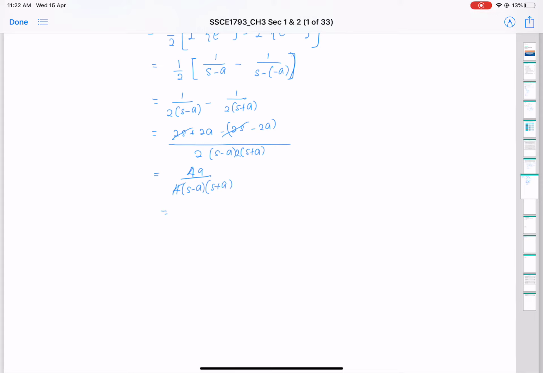This is equal to a over s squared minus a squared. So you can compare with the table. So the Laplace transform of sine at is equal to this. Okay, so it depends on the question. This question asks you to use the linearity property.